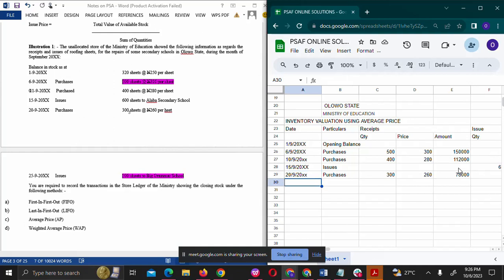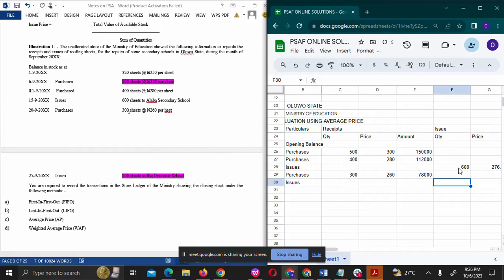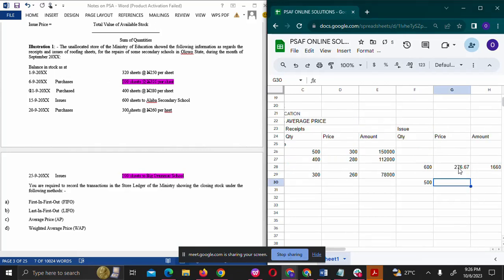So the final one on the 25th, 9, 20xx, I have issues, right? So I'm issuing 500 units. But this time, I want to determine the issue price.